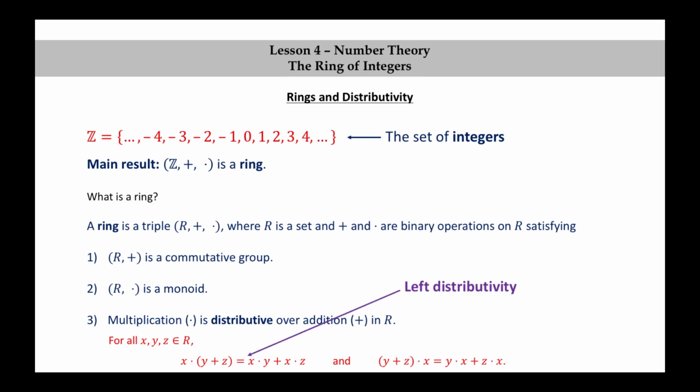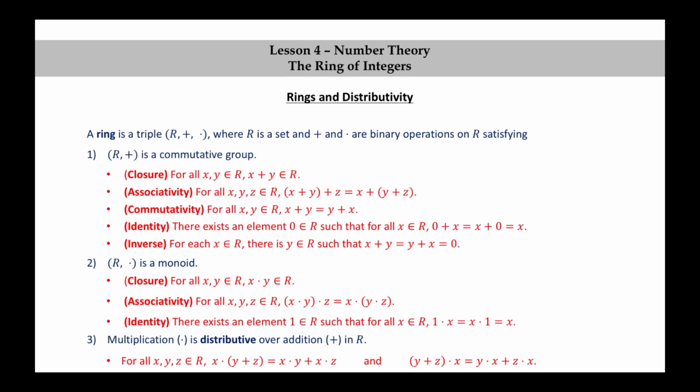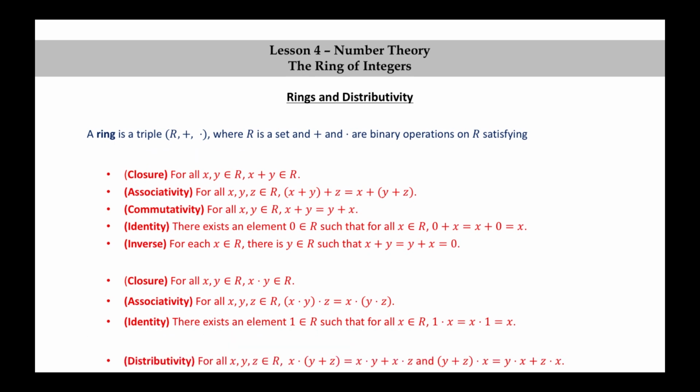The property on the left here, the first distributive property, is known as left distributivity, and the second one is known as right distributivity. When we have both of them, we can simply say that the structure is distributive. Okay, so let's look at all these properties together.